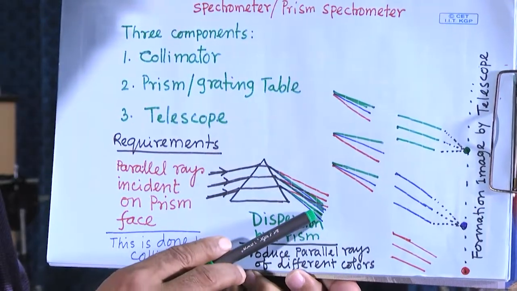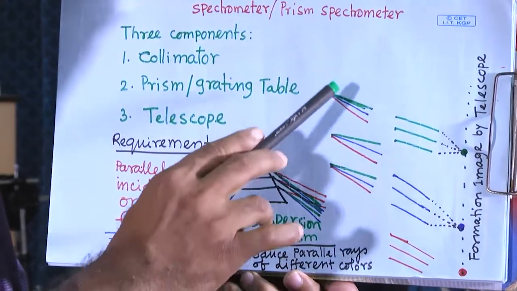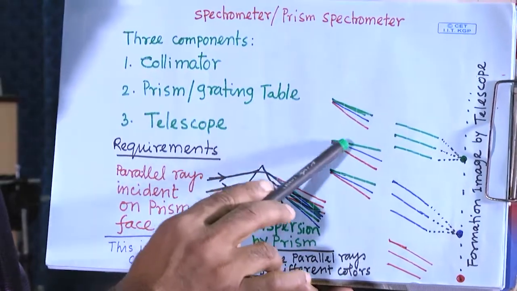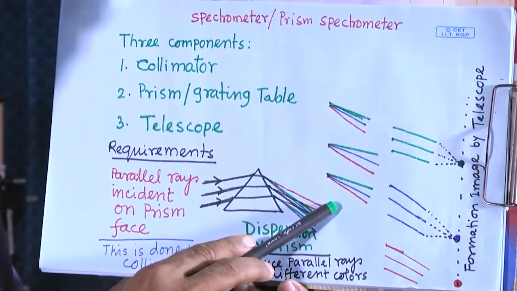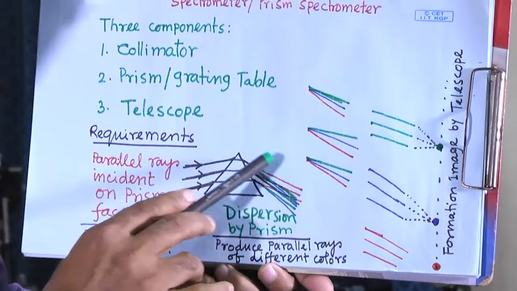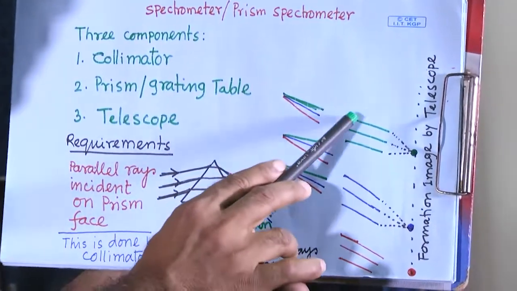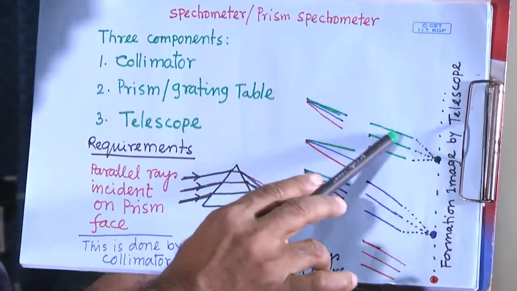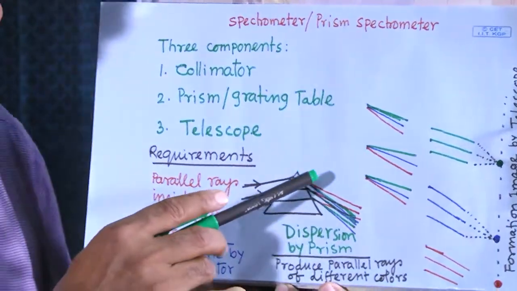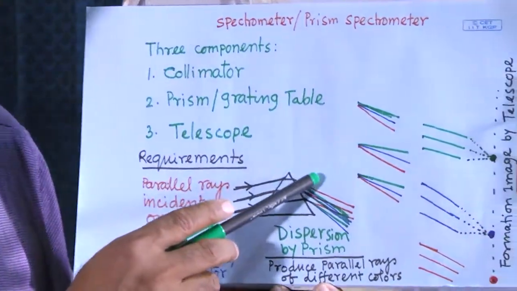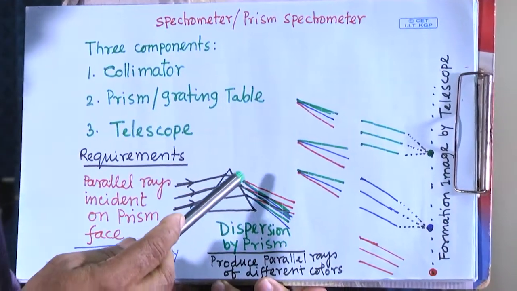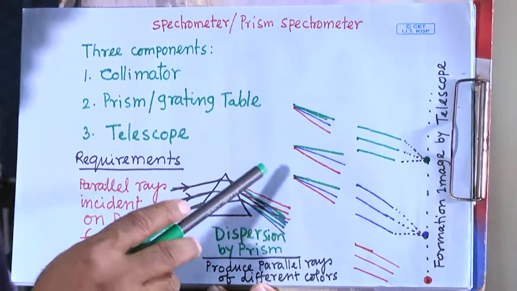So, on the other side, if you look for a particular color, the rays of this particular color are parallel. Basically, on the other side you will get different sets of parallel rays of different colors.